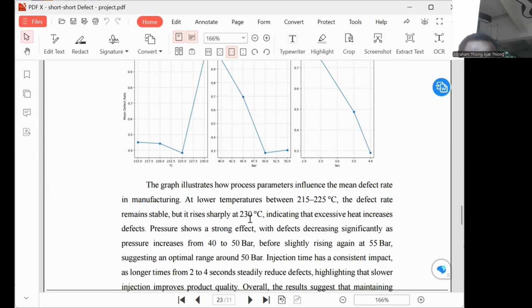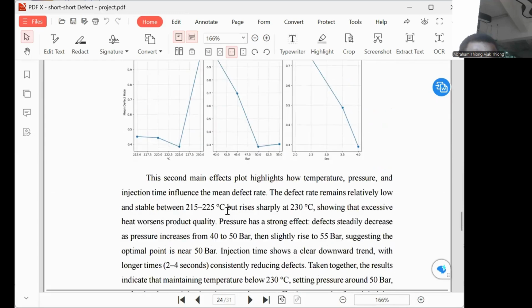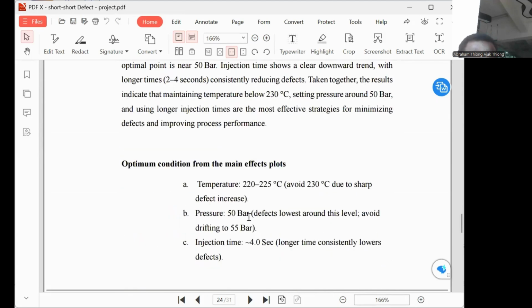But if it rises above 230, that indicates the excess heat increases the defects. That is according to that graph. The same here: the defect rate remains relatively stable between 215 and 225, and when it rises to 230, it causes excess heat. So that means the optimal condition from the main effect.